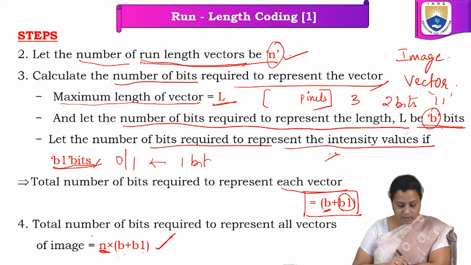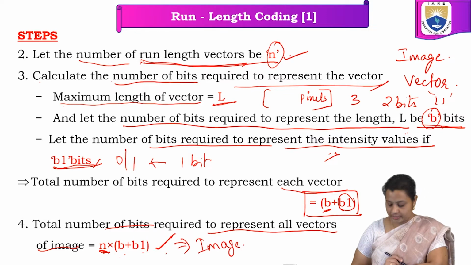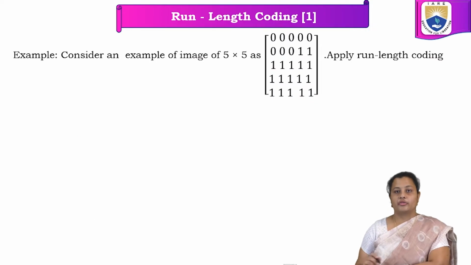This gives the number of bits required to represent all the vectors of the image. In short, to represent the whole image, we require n into (B plus B1) bits. For that, we will see a small example.